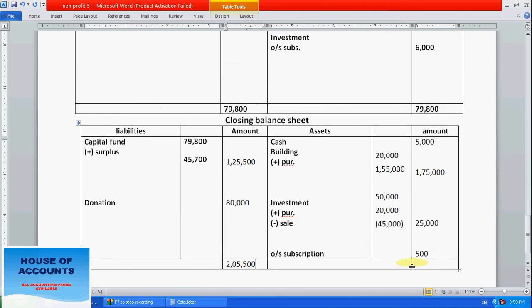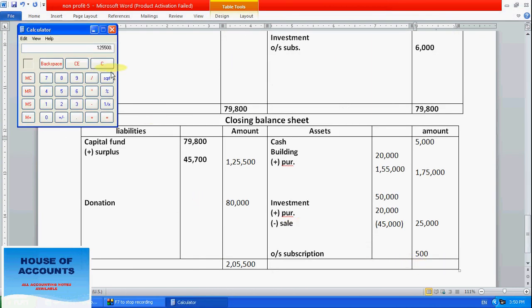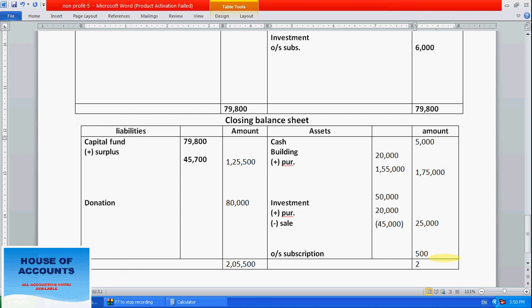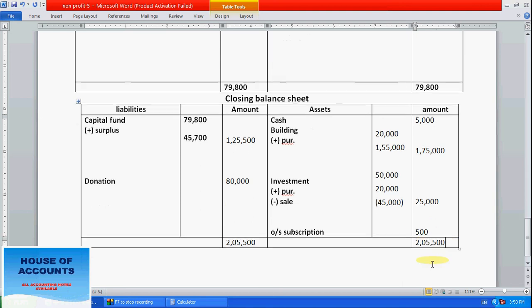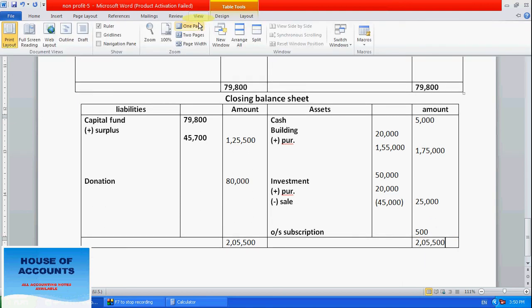So right here also, first check whether it is correct or not. So 5,000 plus 1,75,000 plus 25,000 plus 500. So it's 2 lakh 5,500. Right here 2 lakh 5,500. Okay, so this is how we have to do the closing balance sheet.